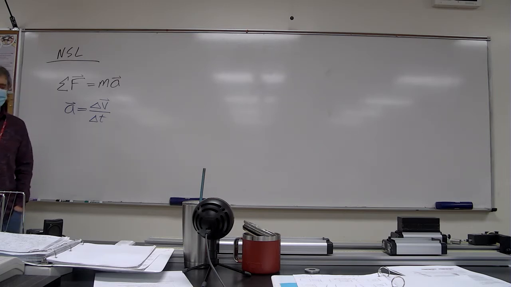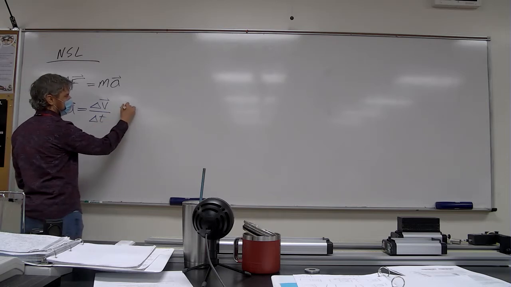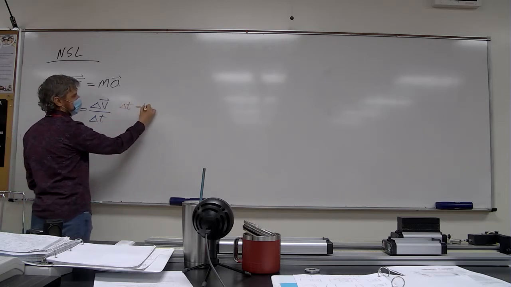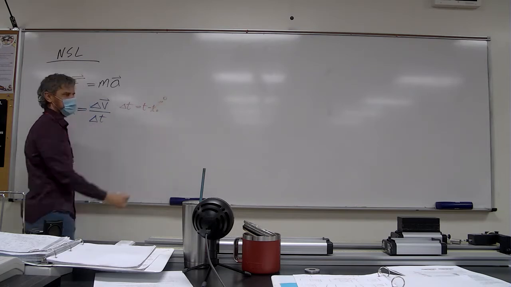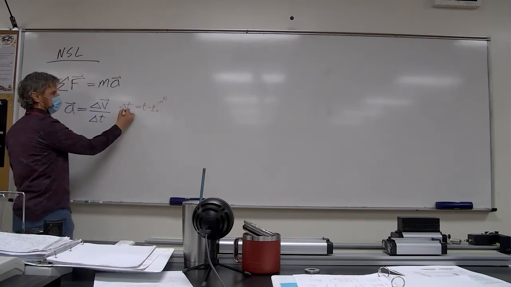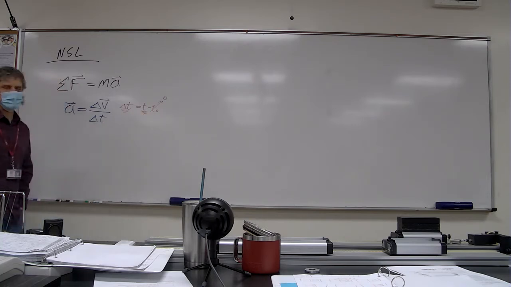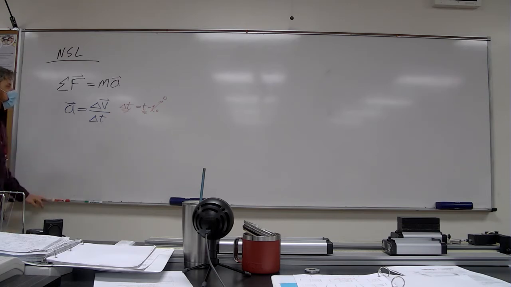We just put t instead of delta t, but understand, hopefully you already do, that delta t is just final minus initial time value. But usually we just start our time at time equals 0. And so delta t is simply just t, which is why in the kinematic equations we just put a t there. But for the purposes of today, I'm going to leave it as delta t.